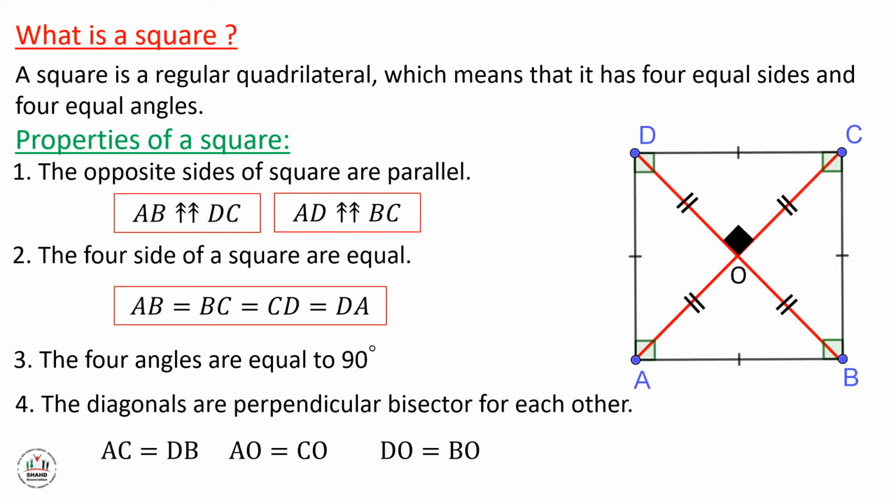So the diagonals here are equal, same as a rectangle, but they are also perpendicular on each other. And this property helps us to differentiate between the square and the rectangle. The area of square equal to side square or side times side.